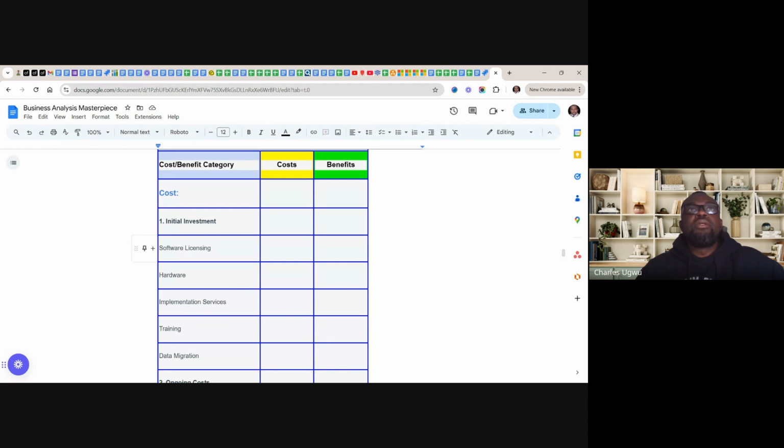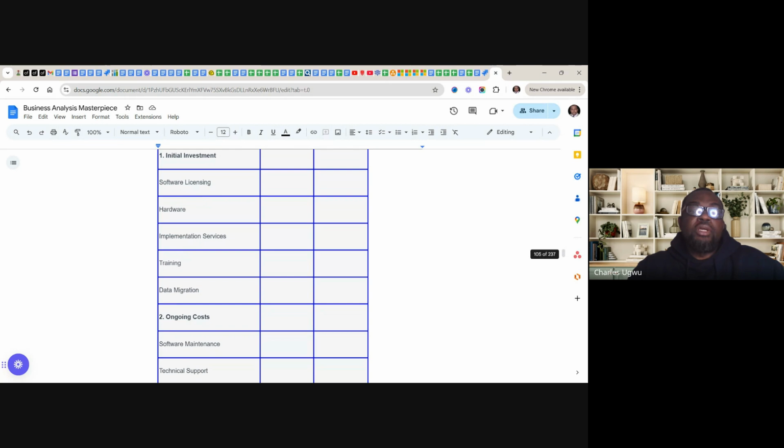If you are developing a website where you hire developers, all you need is to pay the developers to do that. So it depends on the cost you are looking at. That will determine the cost you capture here.